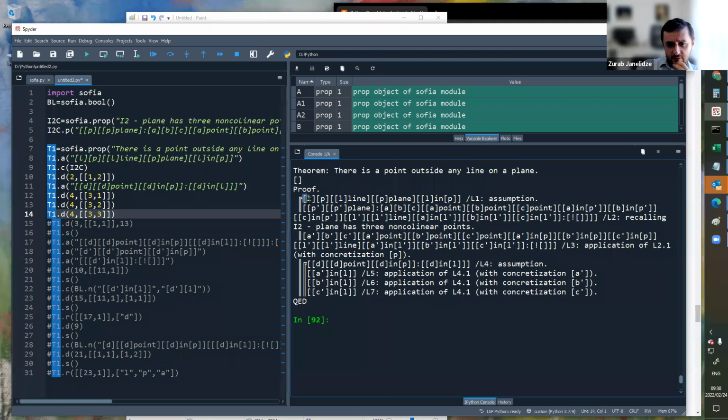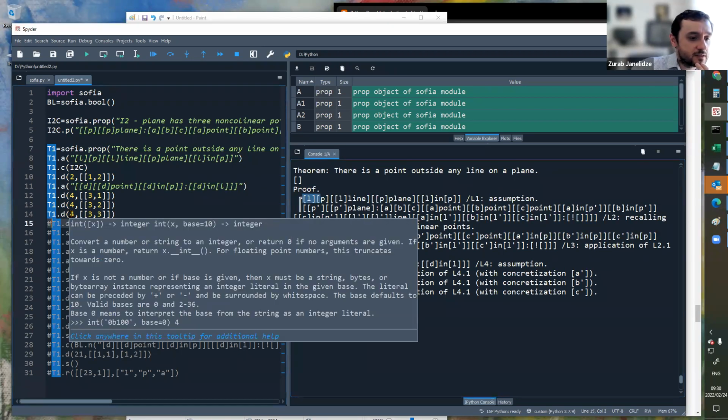We have line L, and A prime lies on L, B prime lies on L, C prime lies on L, right? So by this, we must be able to conclude fallacy. How? Well, it's an implication, and we apply implication with this .d rule. The only variable to concretize here is L prime. And we want to concretize L prime to be L, right? Because that's what we have here. So the coordinates of L are 1, 1, and hence the next line is this.